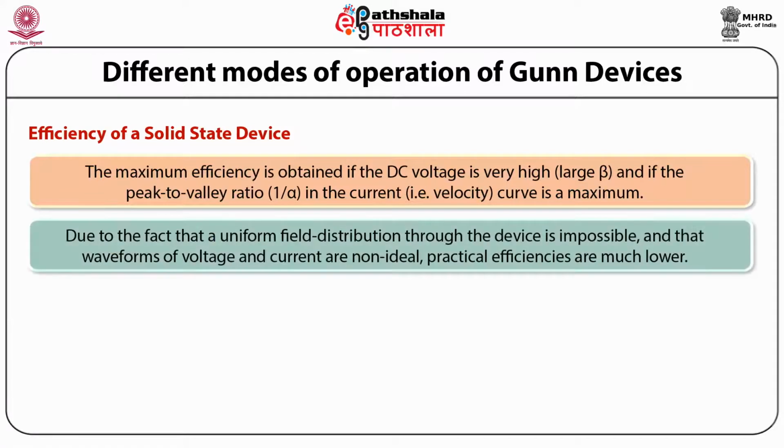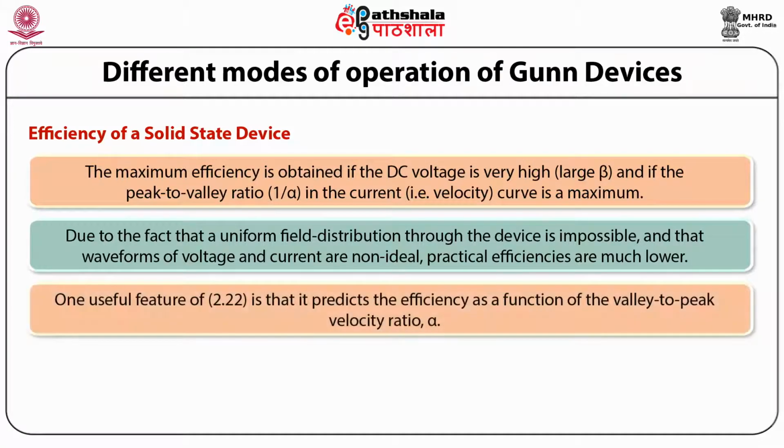Due to the fact that a uniform field distribution through the device is impossible and that the waveforms of voltage and current are non-ideal, practical efficiencies are much lower.